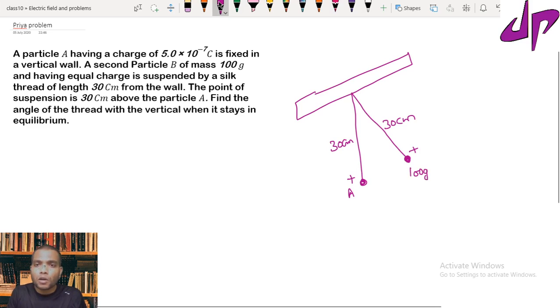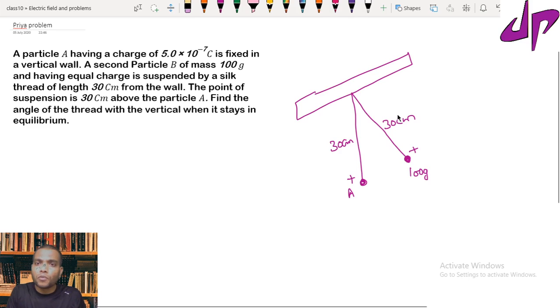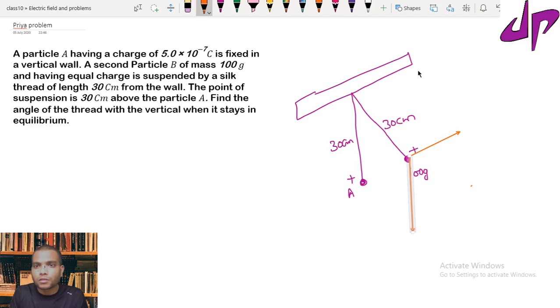Since they both are positive charge, there is a Coulomb force of repulsion which acts in this direction. Not only that, since it's having weight, gravity also acts in the downward direction. So this is the mg and this is Coulomb force.